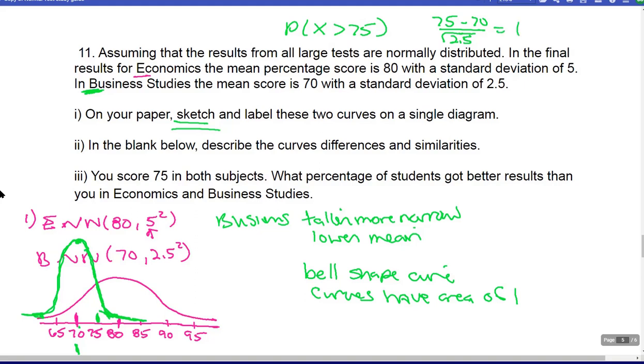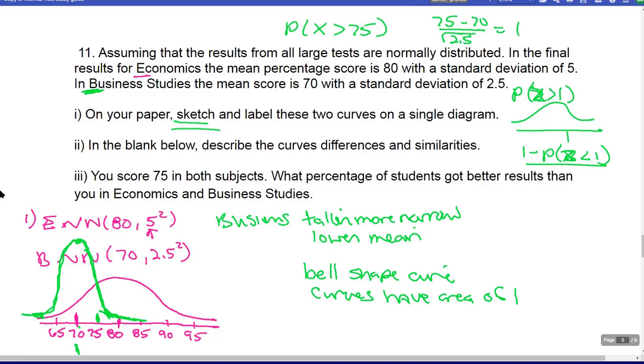So the probability that Z is greater than 1 is the same thing as 1 minus the probability that Z is less than 1, because we found the Z score. Then we can figure that out, and that would be the probability above.